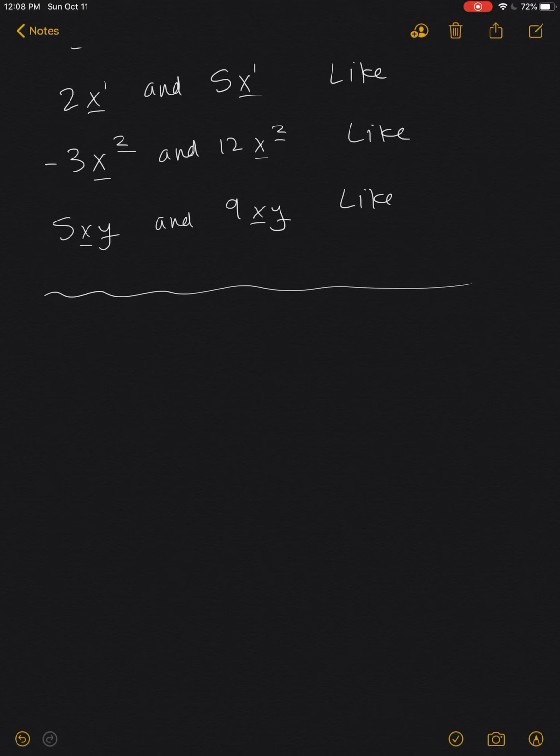Okay, so we'll do some unlike terms, right? So let's say x and, right, these both have x, but their powers are not the same. Sorry, it's a 1. Right, not the same power, so these are unlike terms.